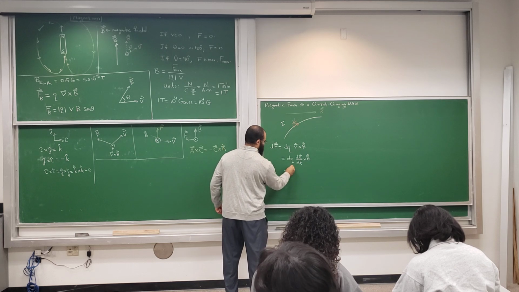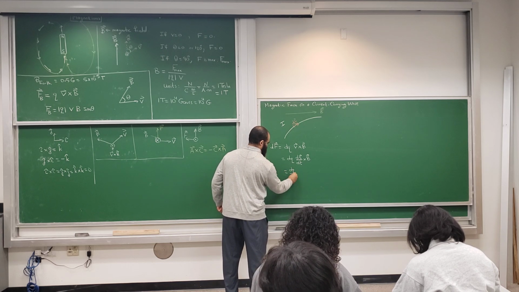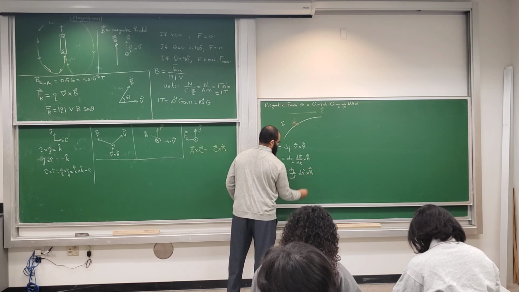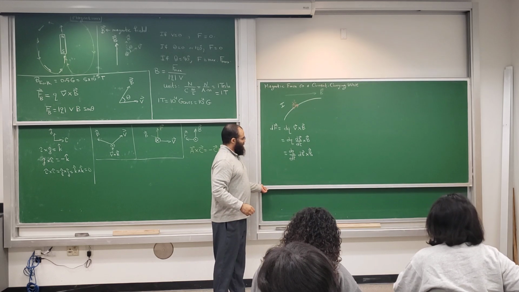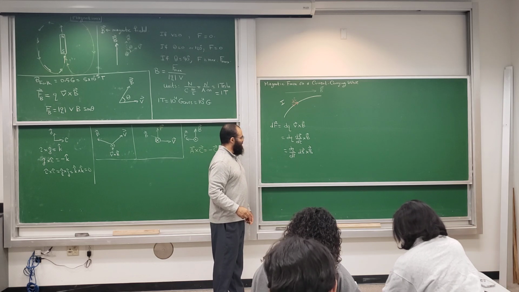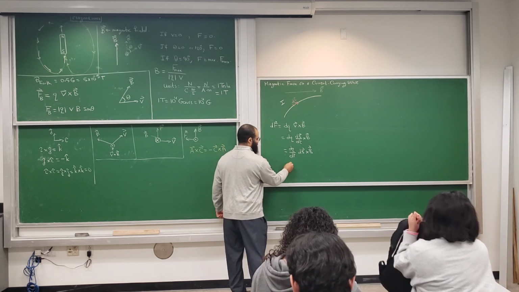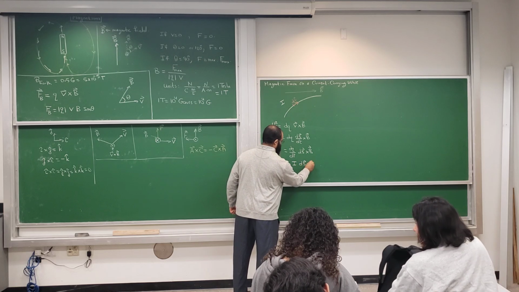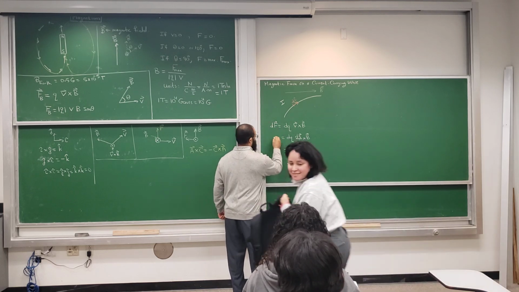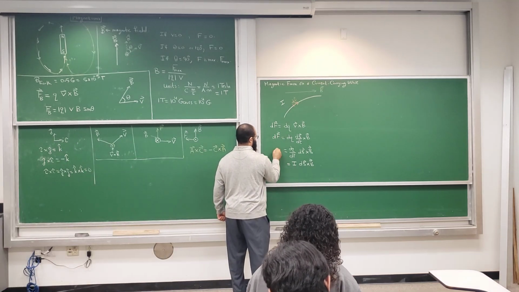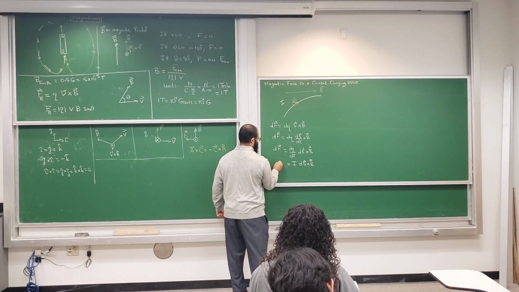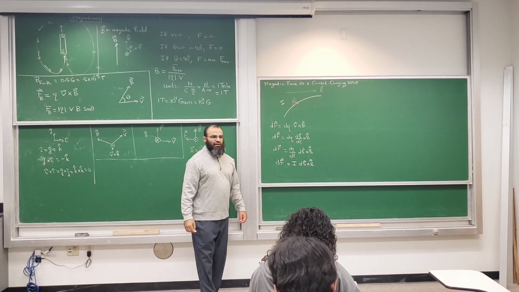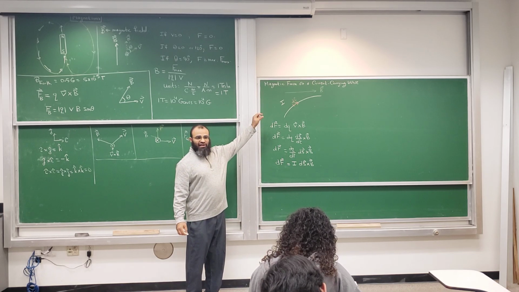I would have dQ/dt ds crossed with the magnetic field. What's dQ/dt? It's the current. Now, that's the force on just that one little segment.